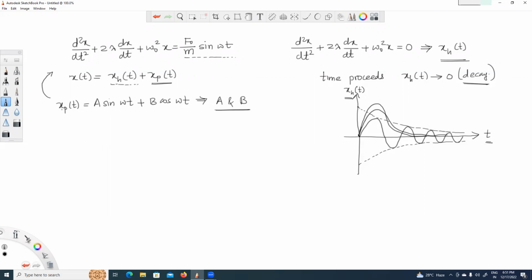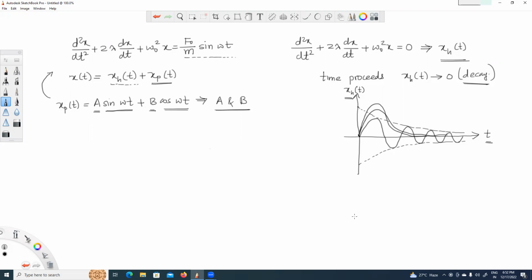If you put x_p = a sin ωt + b cos ωt into this differential equation, you'll be able to find the constants a and b. How do we find two constants from a single equation? Remember, sin ωt and cos ωt are linearly independent.